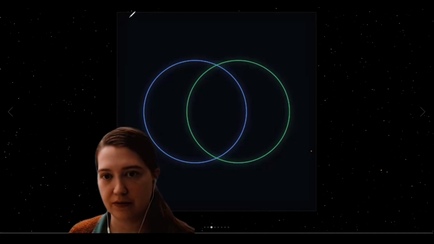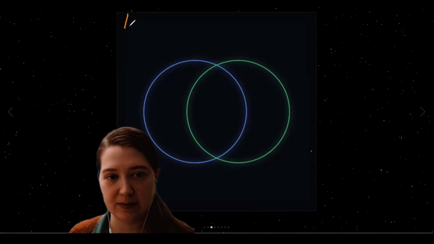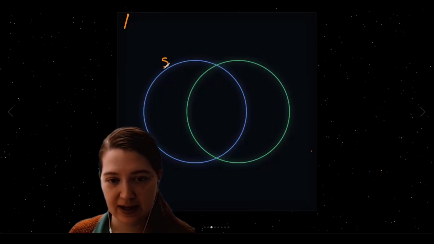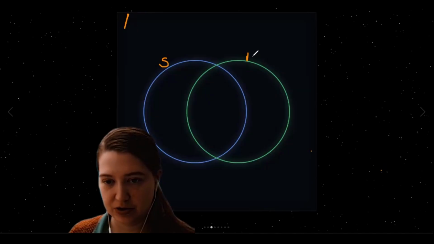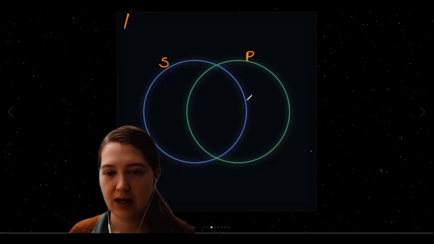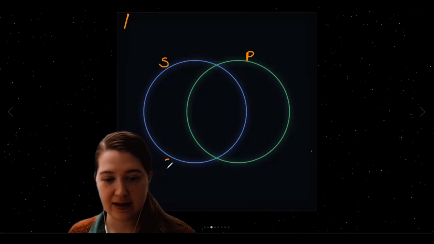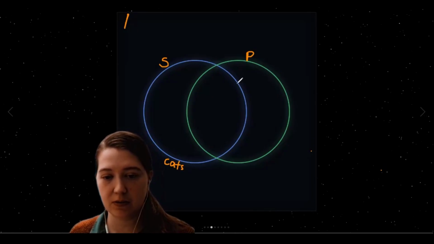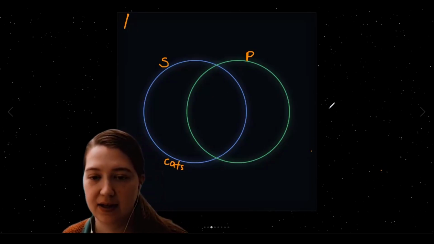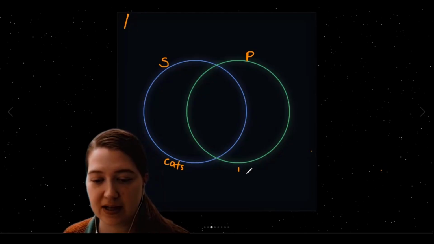So let's go over each of the 4 different types of claim and what it can tell us about concept space. So again, each of these circles represents a category or a class of objects. Let's say in the first case, to represent an A claim, let's say that our subject class is cats. So this blue circle represents the set of all cats. This green circle represents the set of all mammals, let's say.